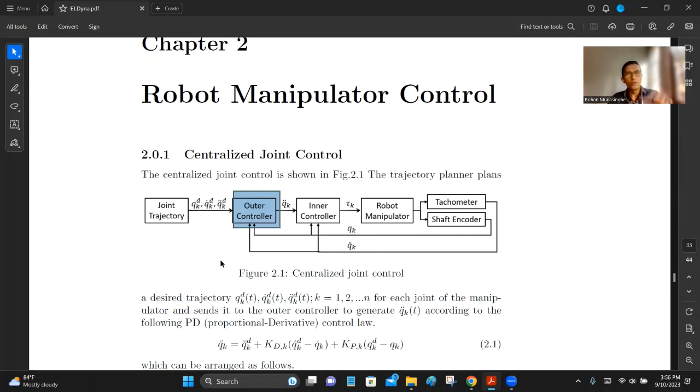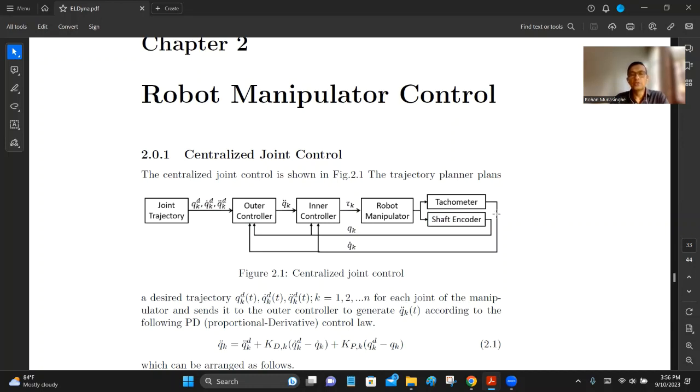Right? Now, the outer controller knows what accelerations are required or desired or asked for by the trajectory plan. This is the trajectory plan actually on the left. And it will check through the shaft encoders the present joint angles. It reads from the shaft encoders the position of each and every joint in terms of angle, okay?